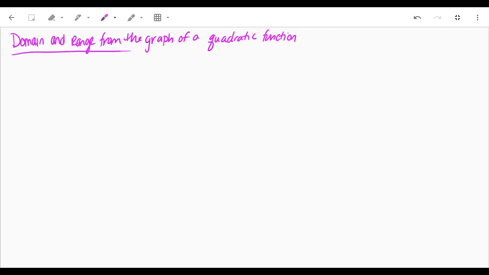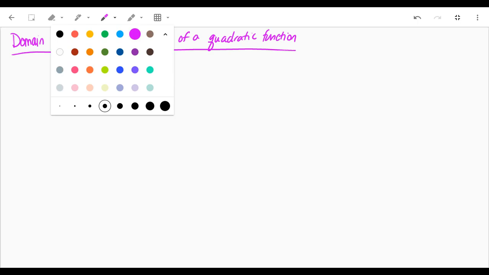We're going to start with domain and range from the graph of a quadratic function, which is just a parabola. Quadratic functions are the same thing as parabolas. Okay, and that whole domain and range strategy that I showed you before works for this.